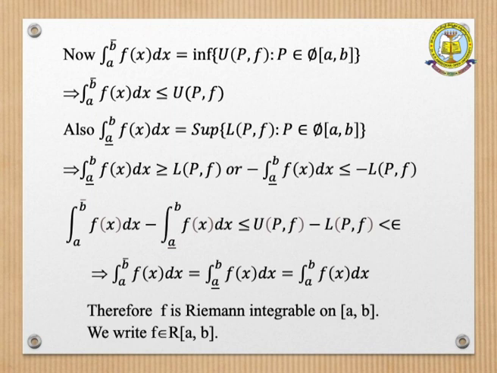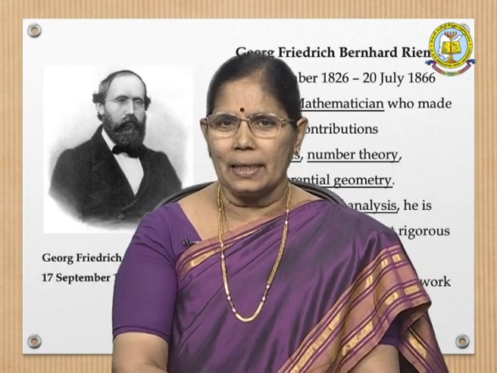In a similar manner, the lower integral is greater than or equal to LPF. So, the upper integral minus the lower integral is less than or equal to UPF minus LPF, which is less than epsilon. That means the upper integral is equal to the lower integral. Therefore, f is Riemann integrable on a b whenever you have UPF minus LPF less than epsilon.